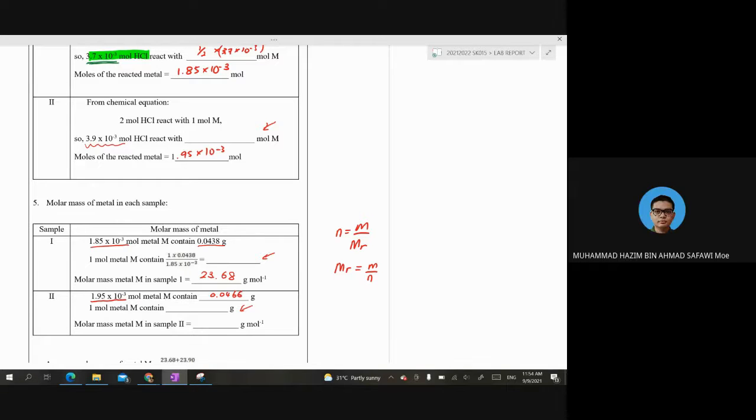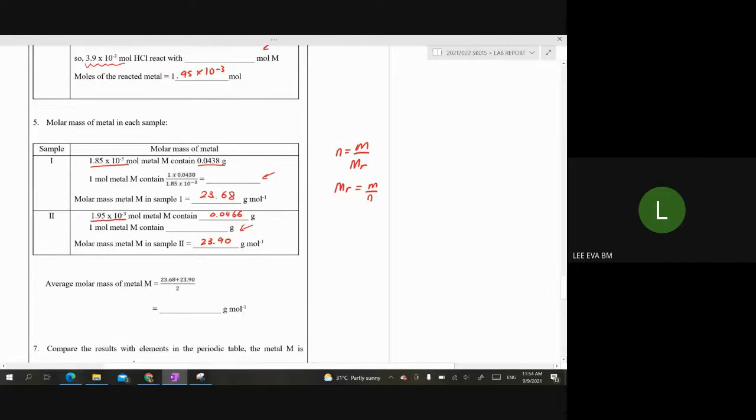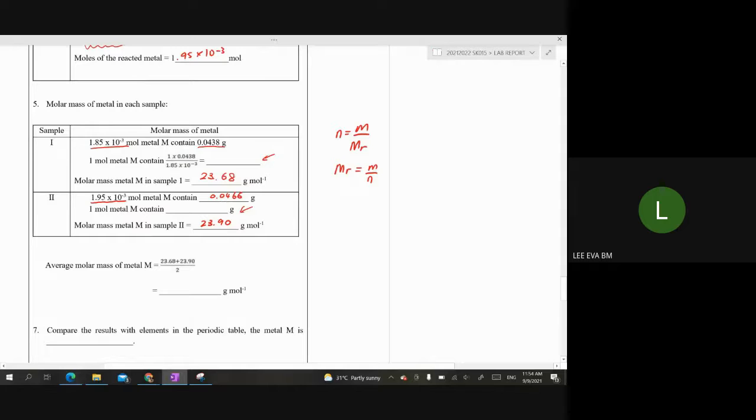23.90. Okay, very good. So now we have the molar mass from sample 1 and sample 2. We want to get the average, so you total up both and then divide by 2. Then you will get the molar mass in between.